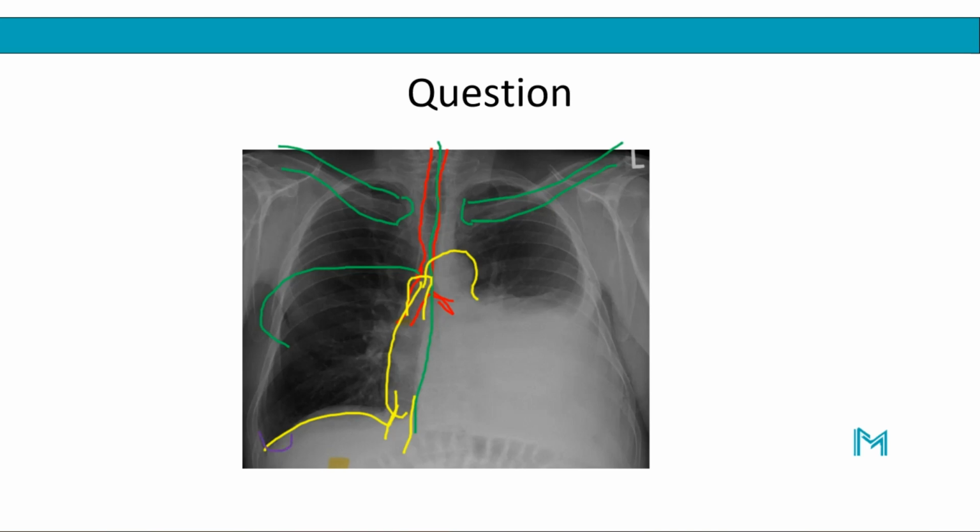There seems to be a little bit of blunting on the right costophrenic angle, and then the right cardiophrenic margin over here is completely lost and you have this meniscus sign over there. So there's obvious fluid on the left and you have this homogeneous opacification here and there's a meniscus there. And then you have this blunting here too as well. So that is for E.